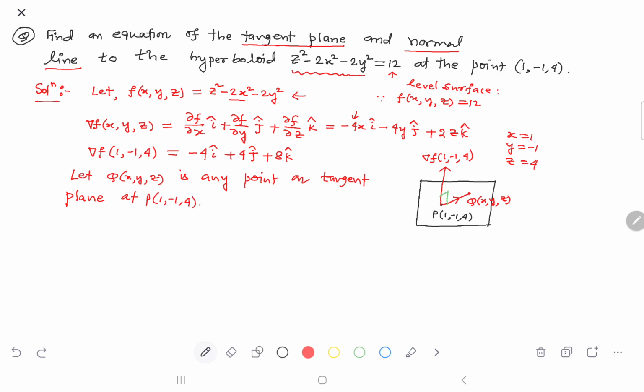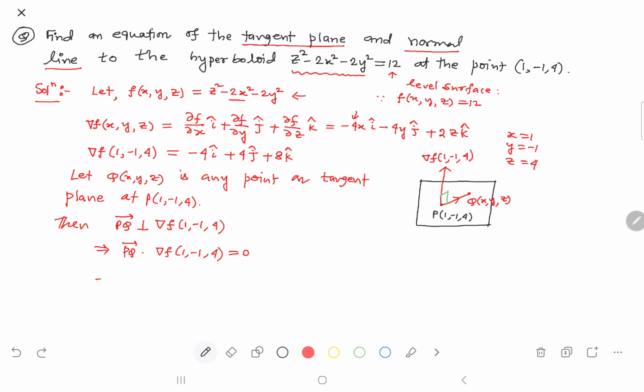The point P, let's say it is P. Then the vector PQ, as we have seen here, is perpendicular to the gradient vector at the point (1, -1, 4). So what should we get? The PQ vector dot this equals 0. Is it okay?